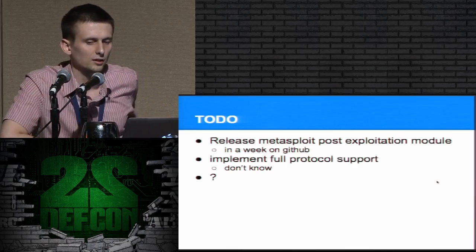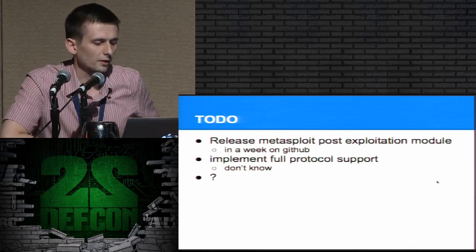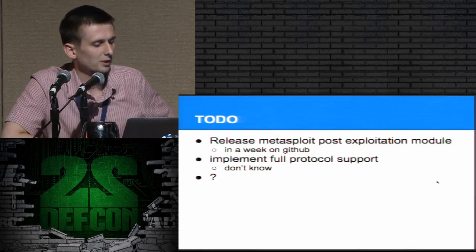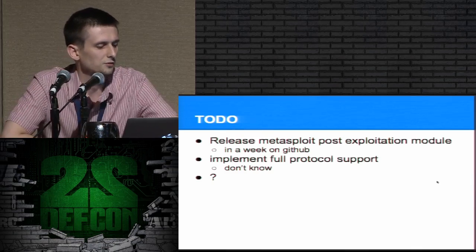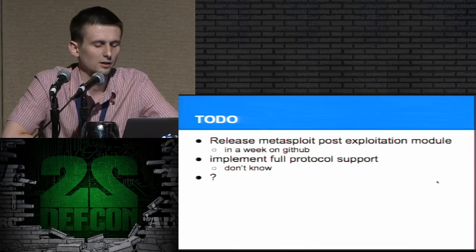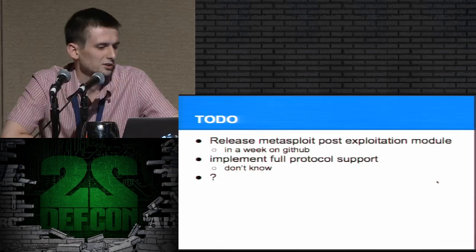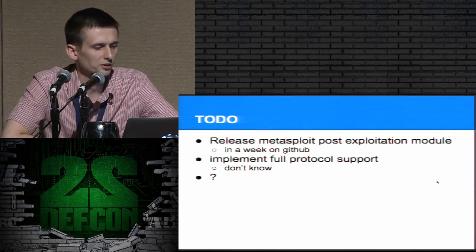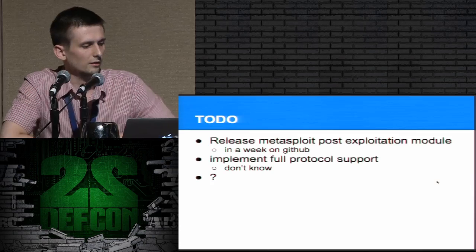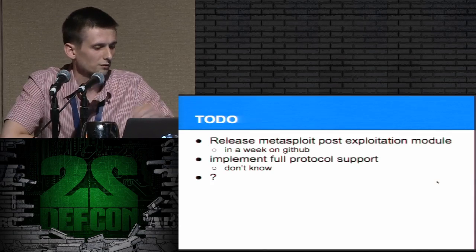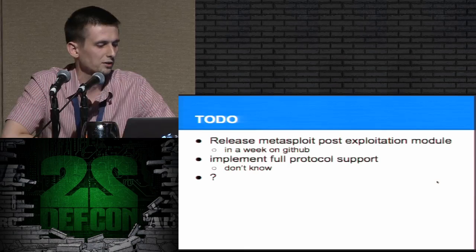I know where the hashes are, but it's difficult to extract them because the RFC for that protocol is about 100 pages, so I don't have time to read it in full. And I don't know, there may be something else to improve.